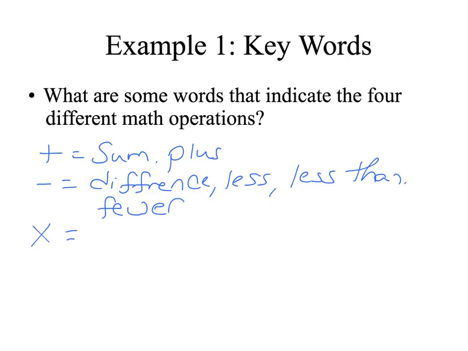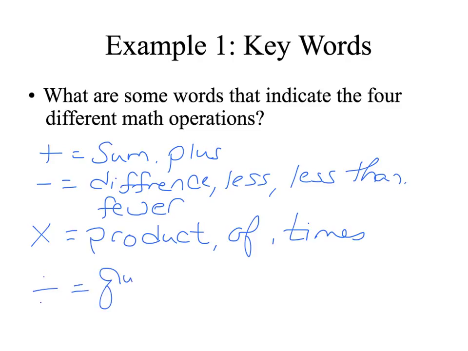Multiplication: product, the word of actually means to multiply, as in the product of two numbers, and of course, times. Division: quotient, remainder. Okay, those are just a few, but you could be thinking of many, many more in your head.